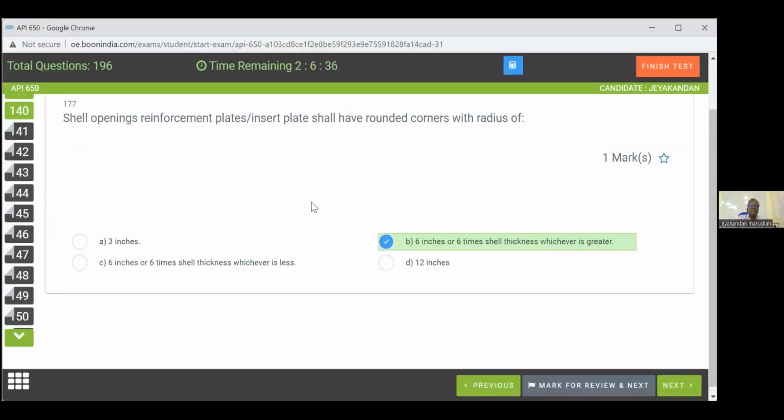So shell openings, reinforcement plate, insert plate shall have rounded corners.